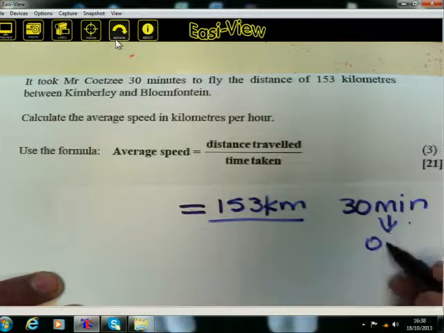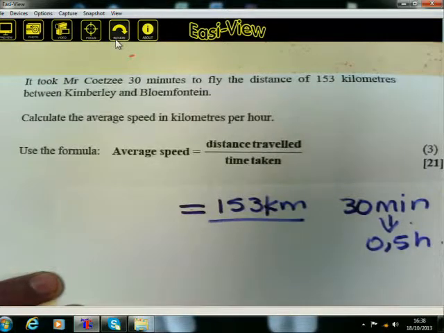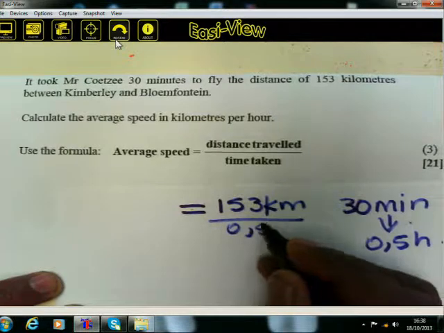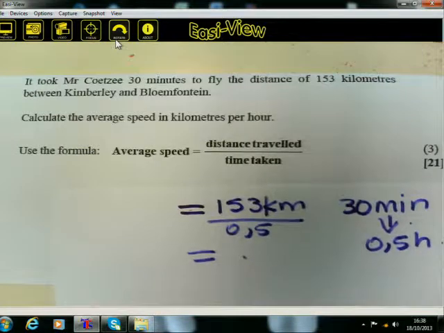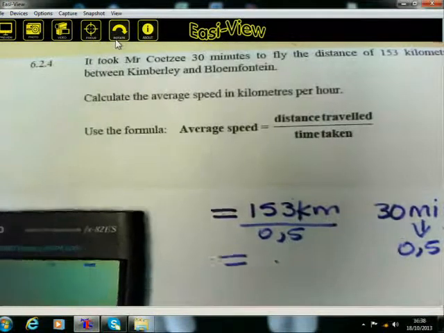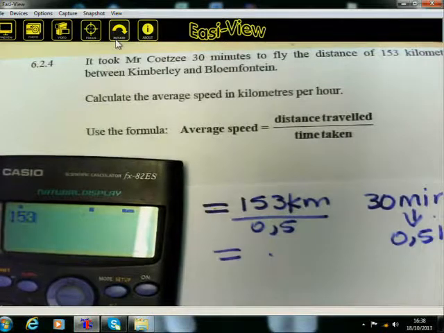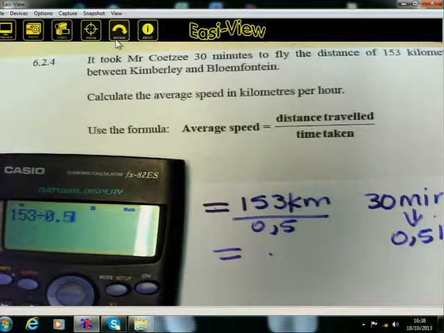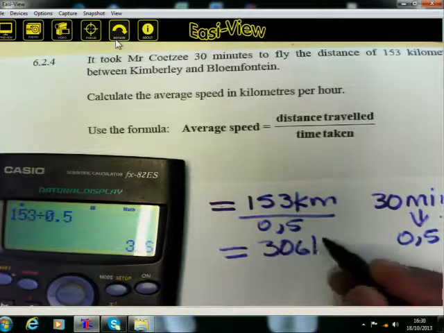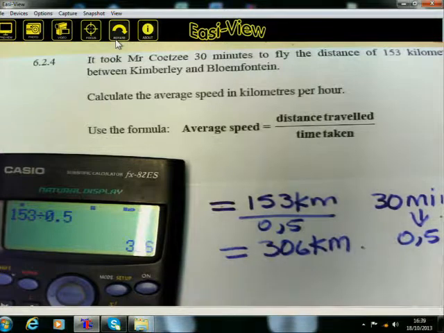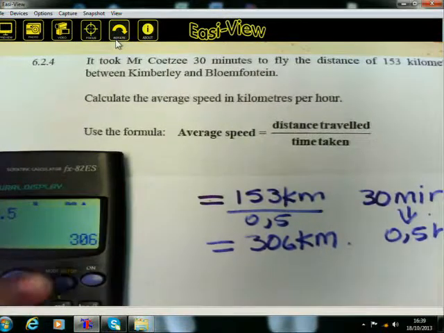Therefore, it's 0.5 hour. So 153 divided by 0.5 equals 306 kilometers per hour.